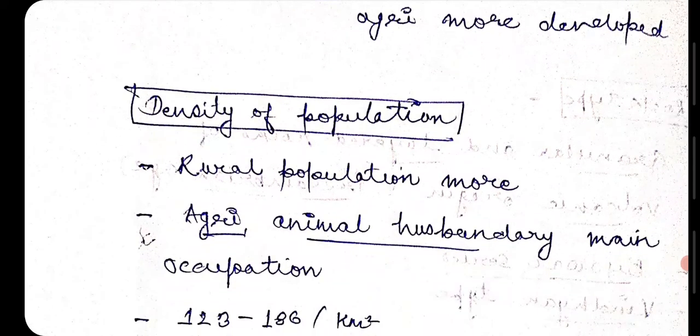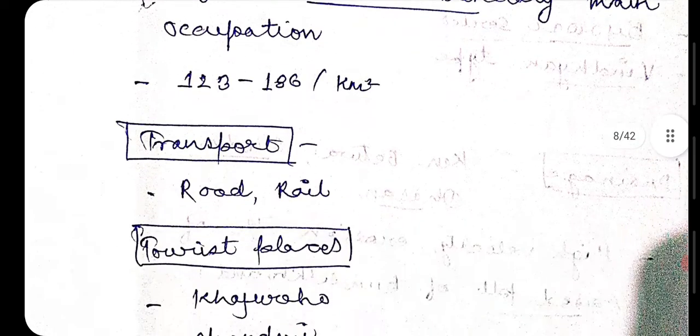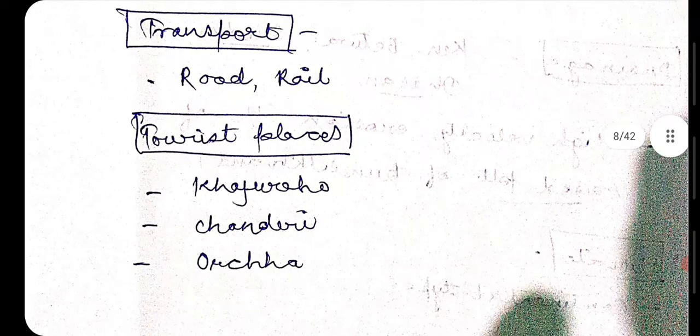Population distribution: rural population is more. Occupation: agriculture, animal husbandry. Density: 123 to 186 per square kilometer. Transport: road, rail. Tourist places: Khajuraho, Chanderi, Orchha.